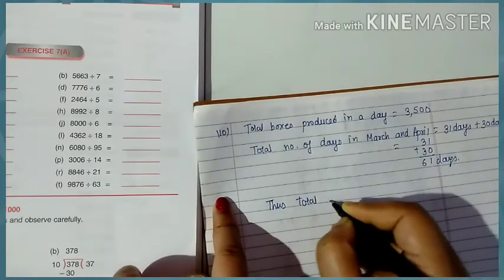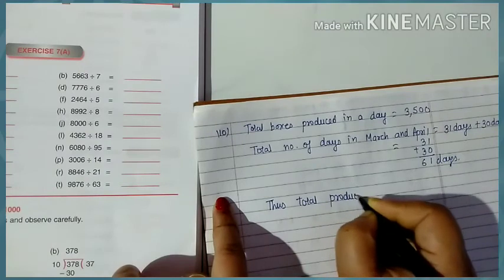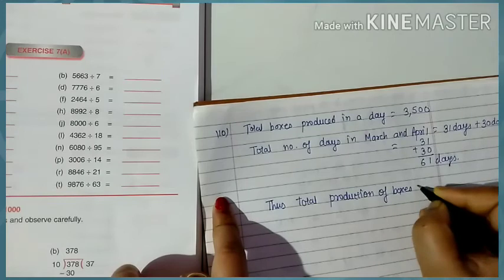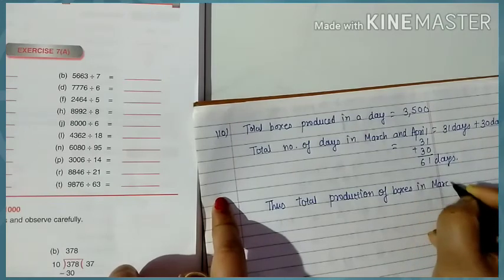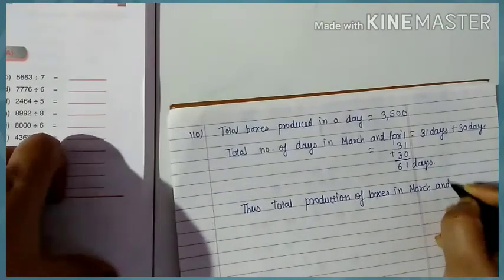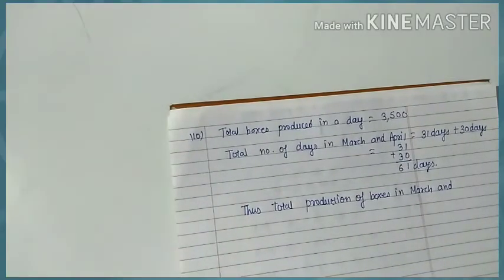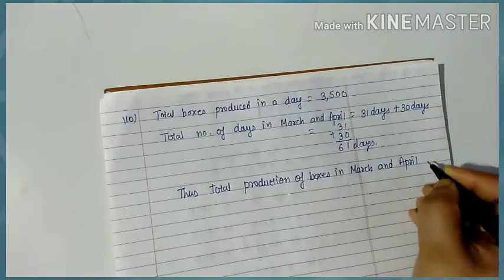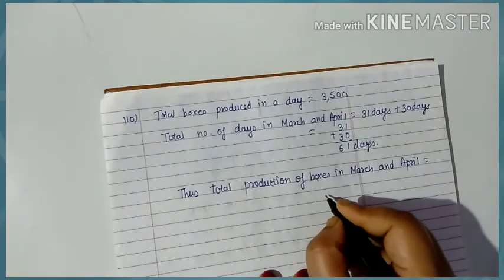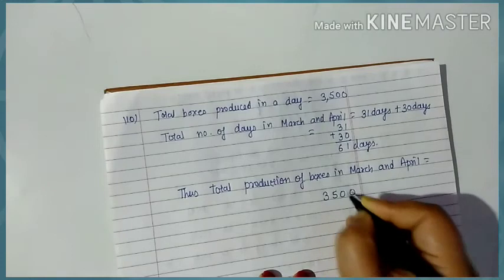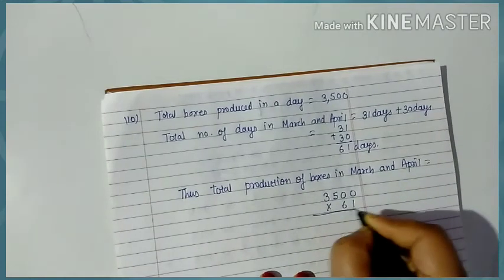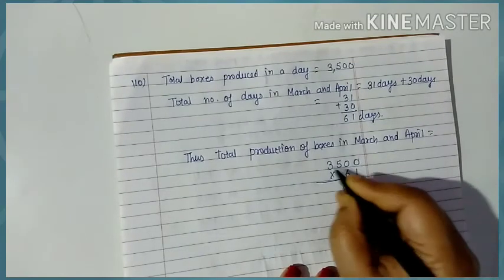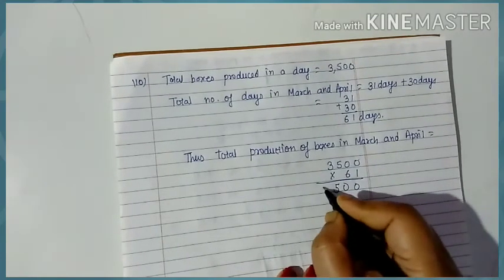Thus total production of boxes in March and April equal to 3,500 into 61. That is 1 0s are 0, 1 0s are 0, 1 5s are 5, 1 3s are 3.